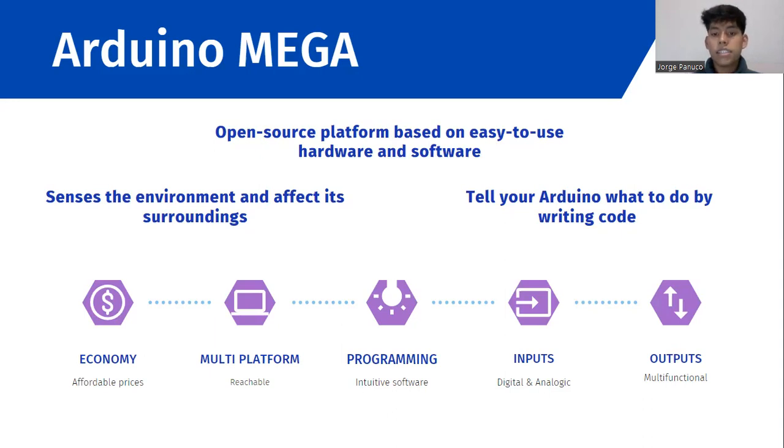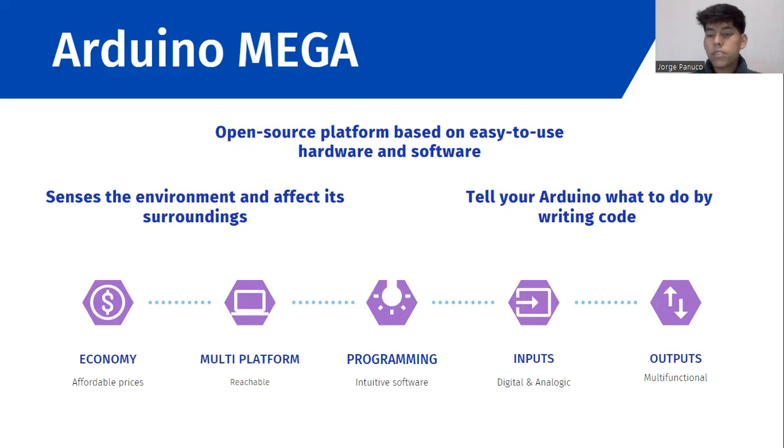It has a lot of inputs. More specifically, it has 54 inputs, 14 of them can be used as PWM outputs, and 16 analog inputs. It also has USB connection, power jack, ICSP connectors, and a reset button.